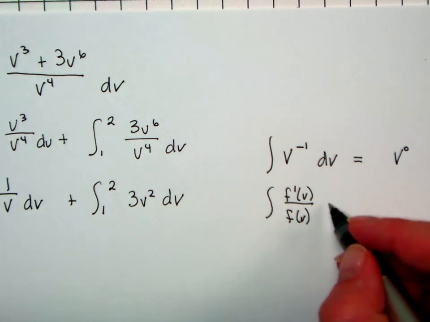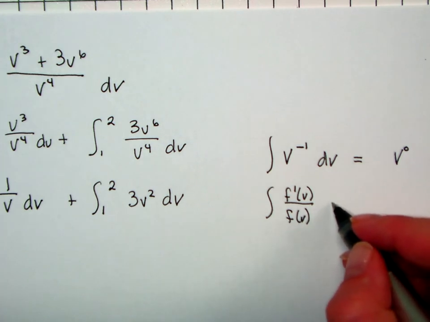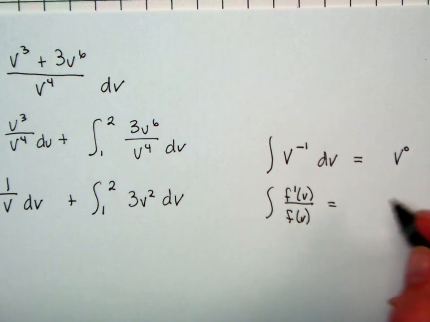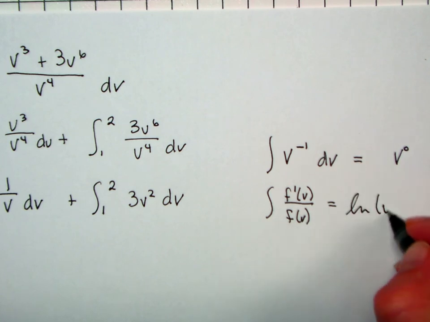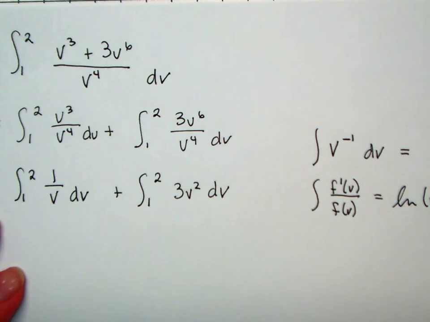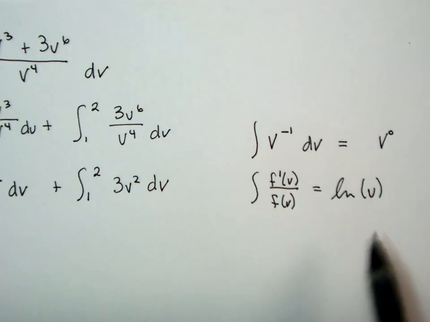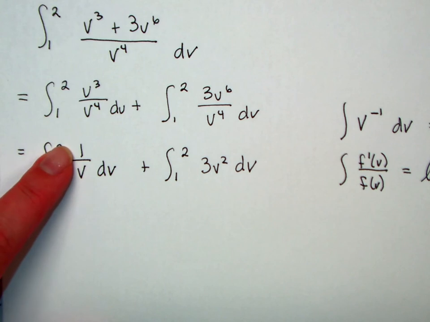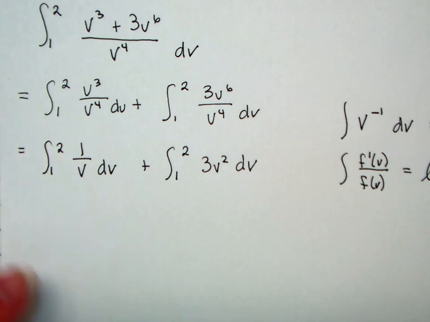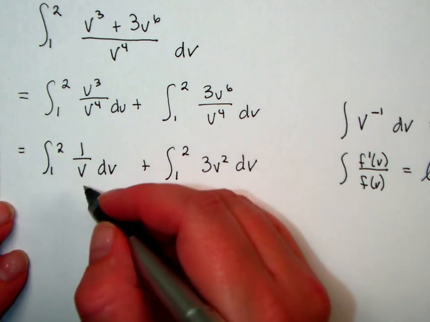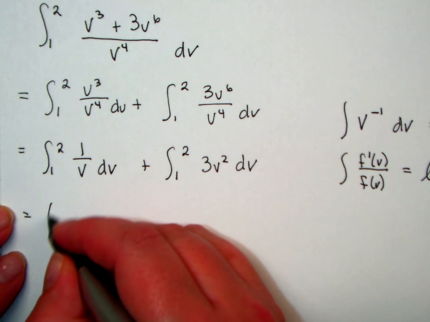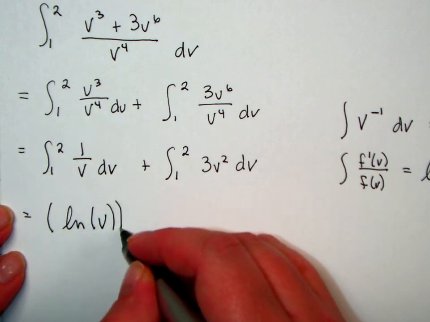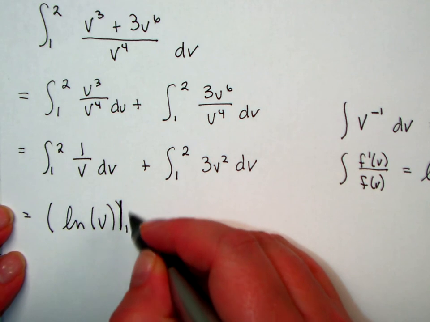And so what is this the derivative of? Well, it's the derivative of ln. And so when you have a v to the negative 1 power, you really have to think it's an ln function, because now the derivative of v is on top and v is on the bottom. So the antiderivative of 1 over v is ln of v. And we're going to evaluate that from 1 to 2.